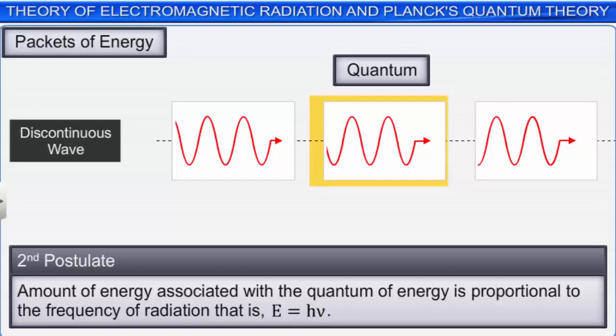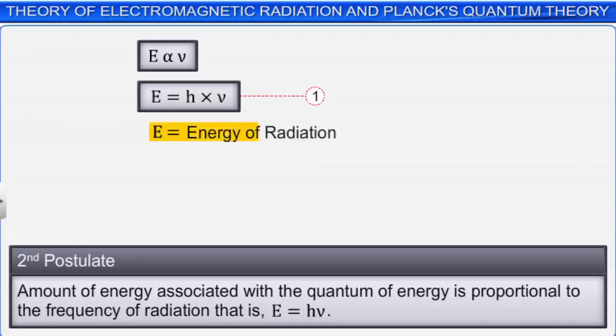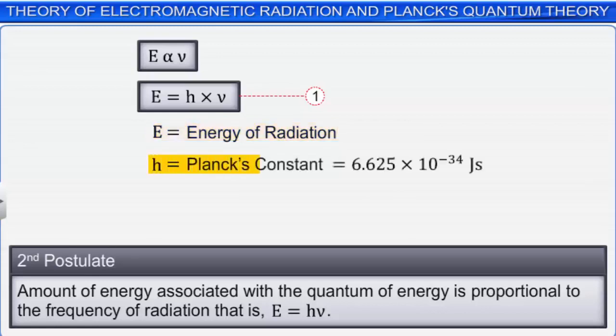E is proportional to nu, or E equals h multiplied by nu, where E is the energy of the radiation, h is the Planck's constant 6.625 × 10^-34 joule second, and nu is the frequency of radiation.